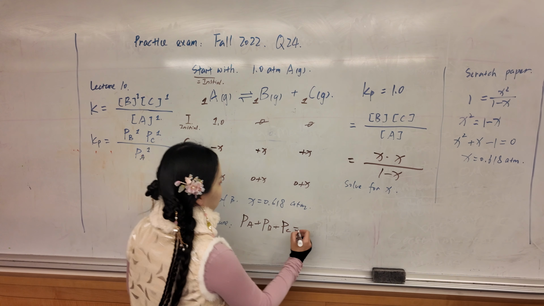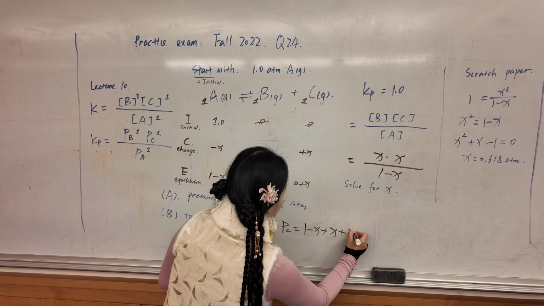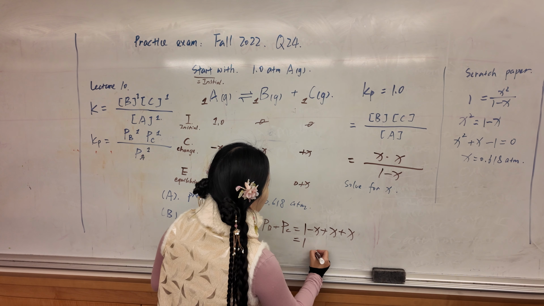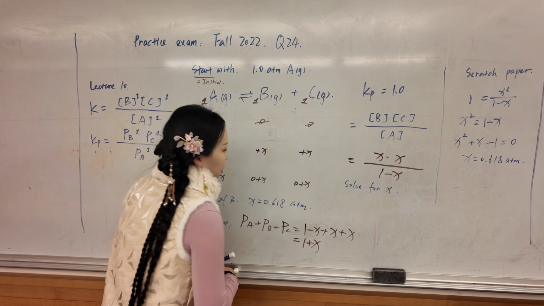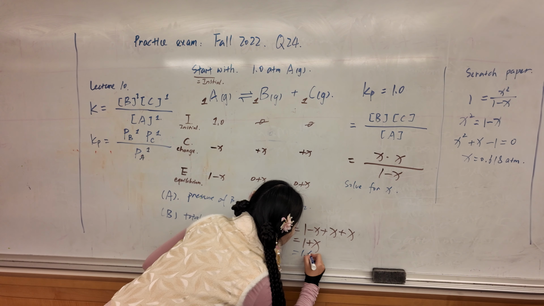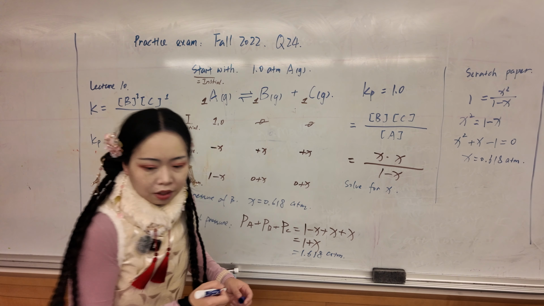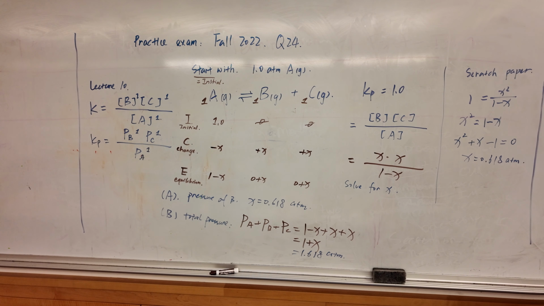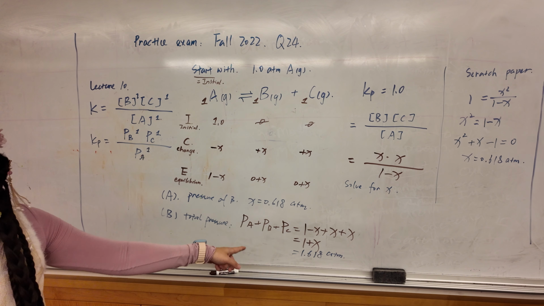That equals 1 minus x plus x plus x, which equals 1 plus x. And then that would be 1.618 atm. Are we good? That's Dalton's law today. Good?